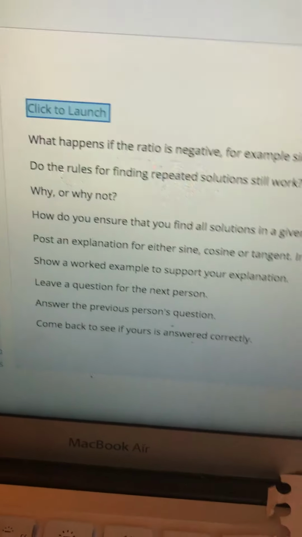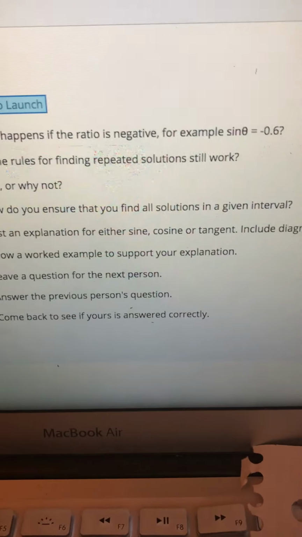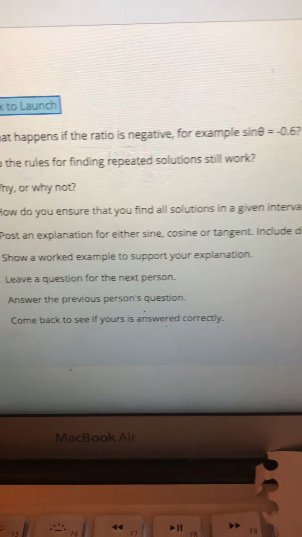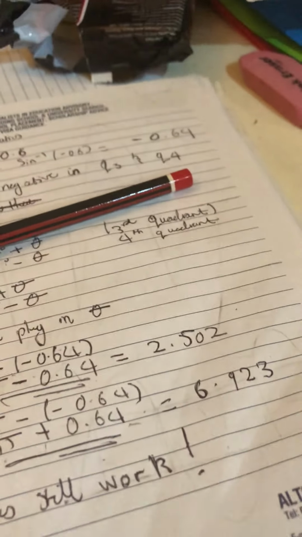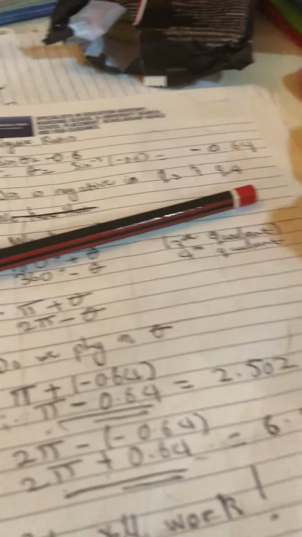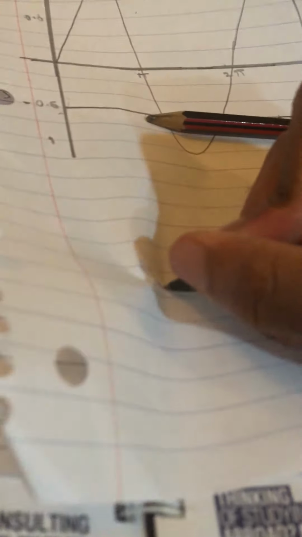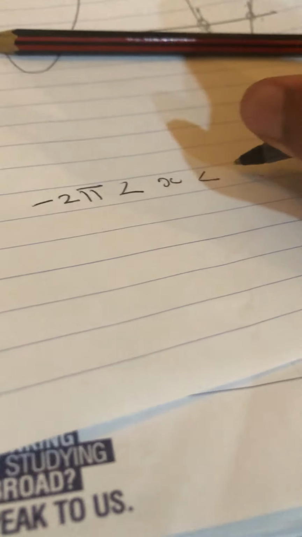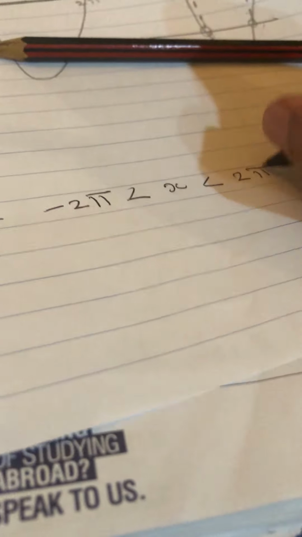Next question is, how do you ensure that you find all your solutions in a given interval? Well, it depends on what the interval is, for example. So let's say the interval was negative 2 pi to 2 pi.